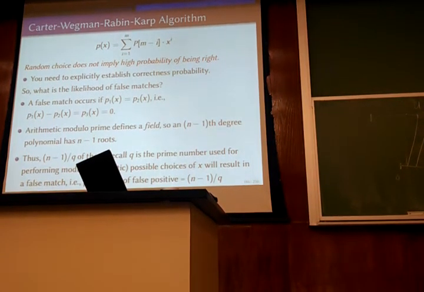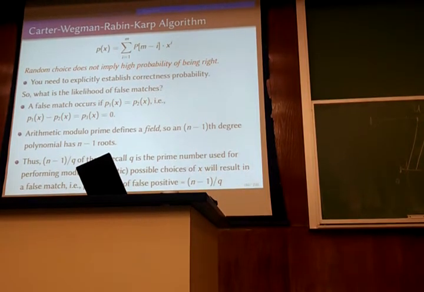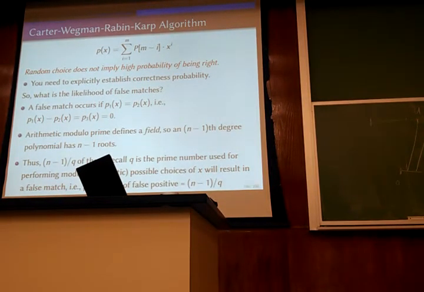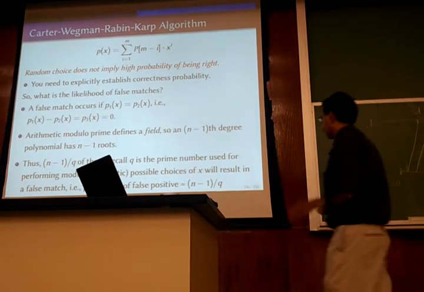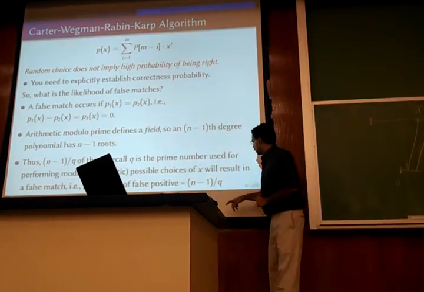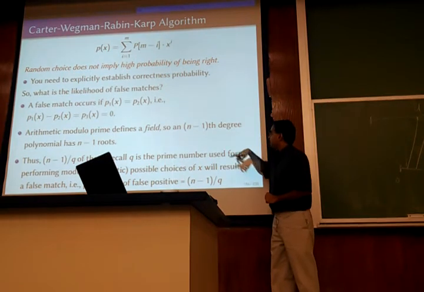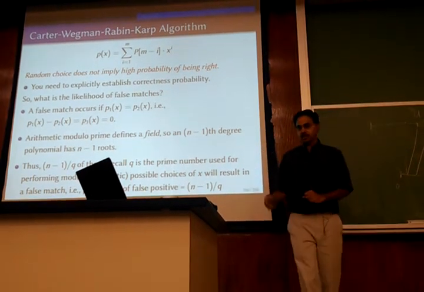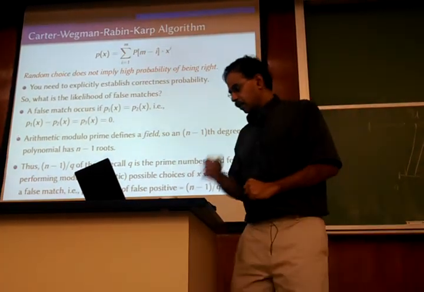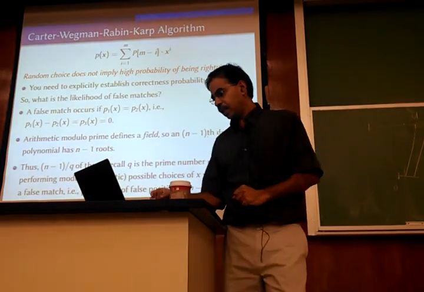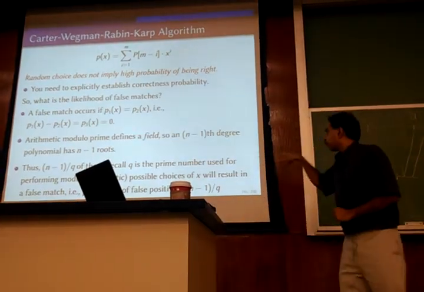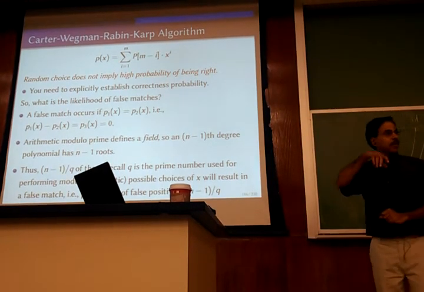No matter what P1 and P2 are, they are going to match at only n minus 1 points. That is ensured by the fact that we choose x to be random and q to be random, and all of those give us the guarantee that the probability of a false match is going to be very low.